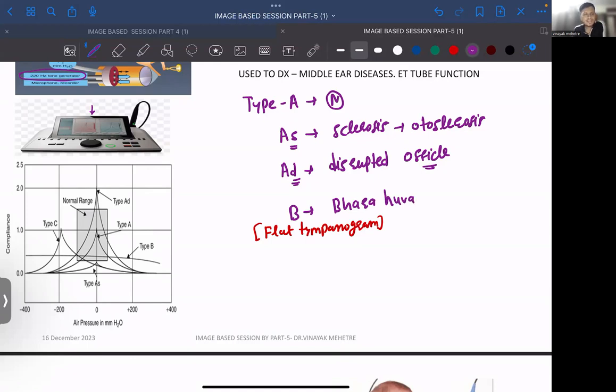What is भरा? That is, middle ear is filled, right? With what? पानी. भरा हुआ is seen in glue ear. Okay, glue ear में मिलता है. glue ear में पानी भरता है middle ear में, right?